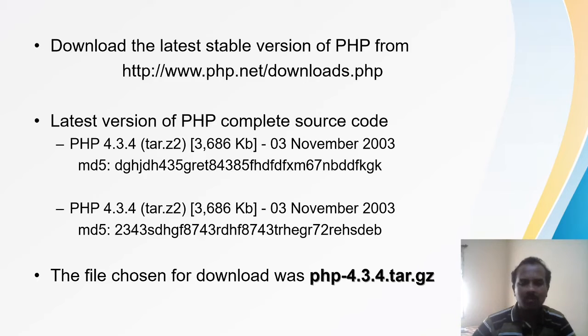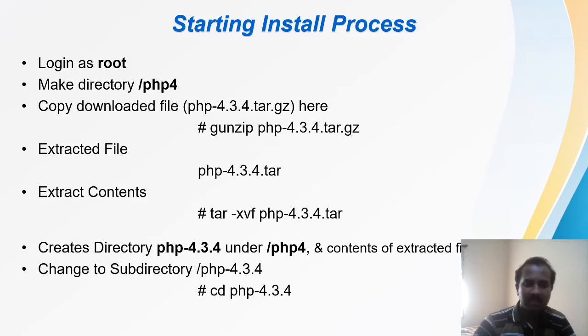Don't install both of them. So we have different PHP files available. I have listed two PHP files. Now let us say that I want to download php-4.3.4.tar.gz. So let us say that I have downloaded it.